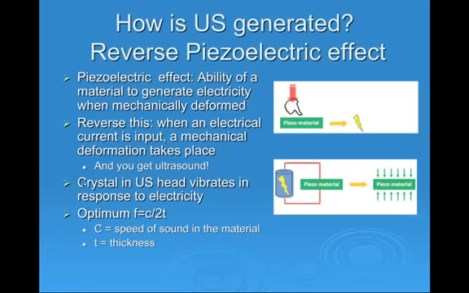Now, one of the things that we can do is we can reverse that, and if we put some electricity into a material that has the piezo type properties, you get a mechanical deformation, and so it actually starts to vibrate. And so what we're doing is we're taking a special crystal, we're putting electricity into it, and it vibrates. That head vibrating then responds by giving us the ultrasound, or the high frequency sound waves that come out of our ultrasound wands.